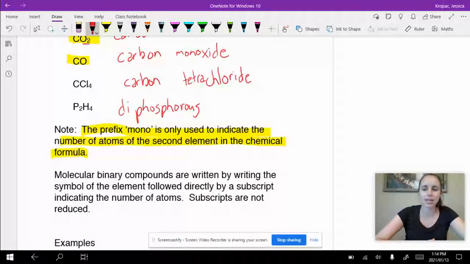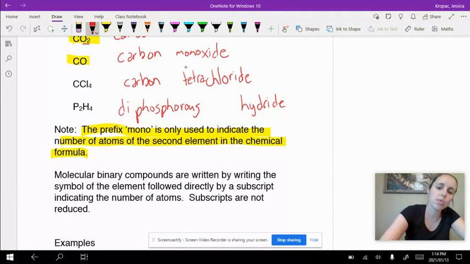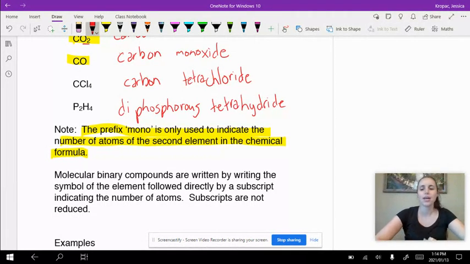Remember, we dropped the ending though, so we're just going to call it hydride. Sounds weird, but it's right, I promise. Hydride. And then how many hydrogens do you have? You have 4. So we would call that tetrahydride. This big long name would be diphosphorus tetrahydride.